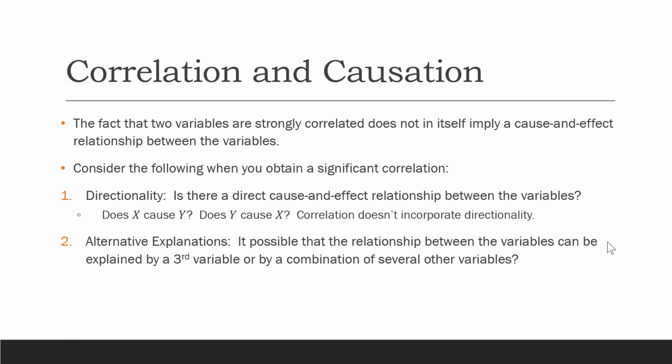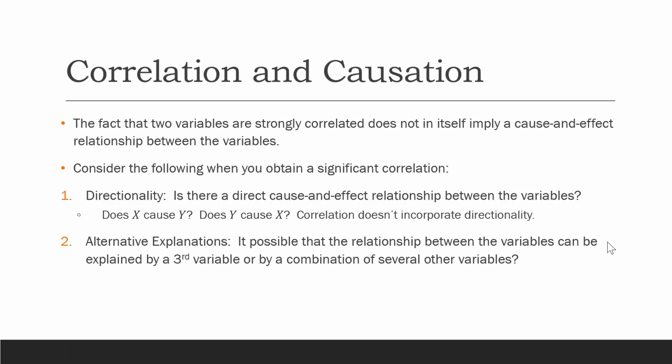We can't say that there is a direct cause and effect relationship between those variables because our correlation coefficient doesn't test the directionality. We can't say that X causes Y because we don't know whether X caused Y or Y caused a change in X. That directionality was not tested when we did these tests for the correlation coefficient.